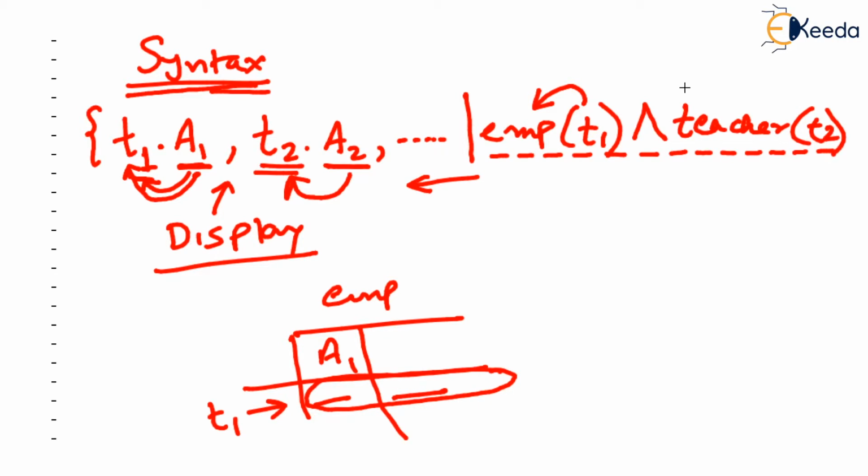So this TRC expression is involving two tables. There is a table called EMP and there is a table called teacher.